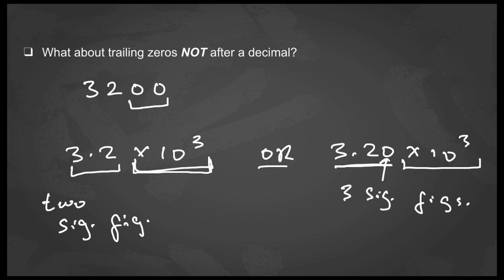So when we are trying to answer a question like this, it is best that we rewrite any number that we're given that doesn't contain a decimal in scientific notation, and that will help us narrow down our answer options because it presents an ambiguous scenario. So writing it in scientific notation will help us be able to answer the question.